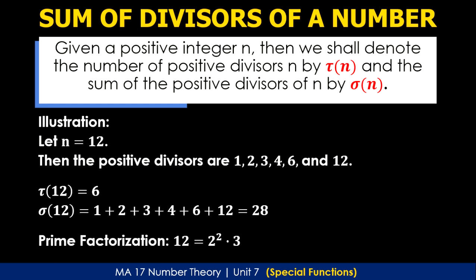Also, we're going to use the idea of prime factorization here. We're going to apply another formula for us to identify the number of positive divisors and the sum of those positive divisors. In this case, 12 is equal to 2 raised to 2 times 3. That's the canonical form, or the prime factorization of 12.